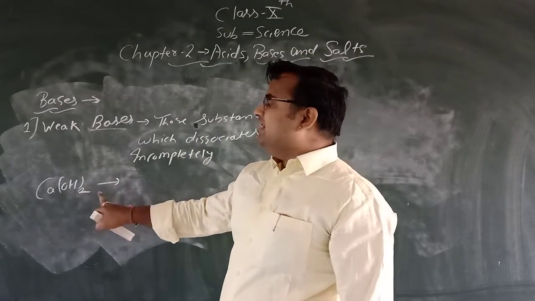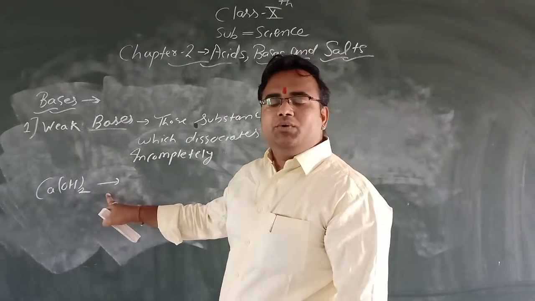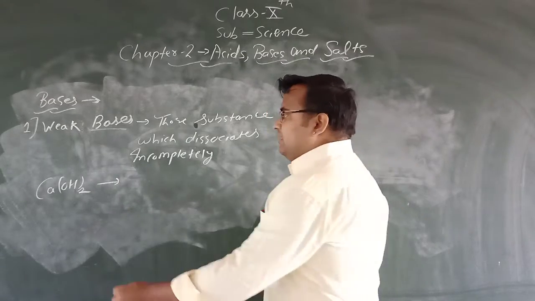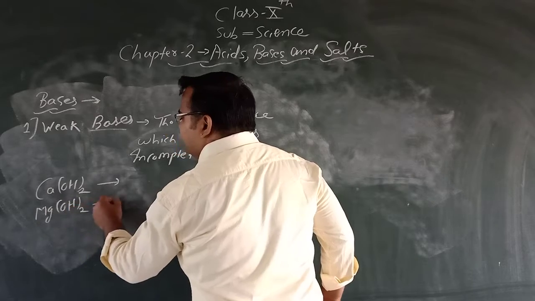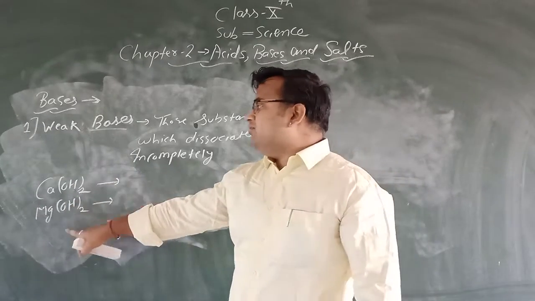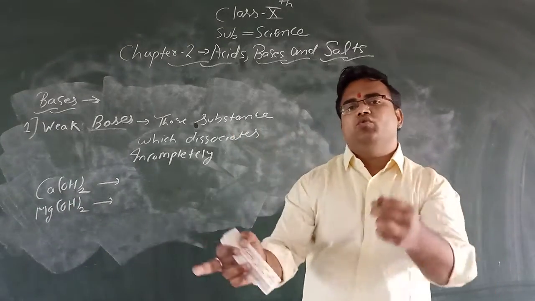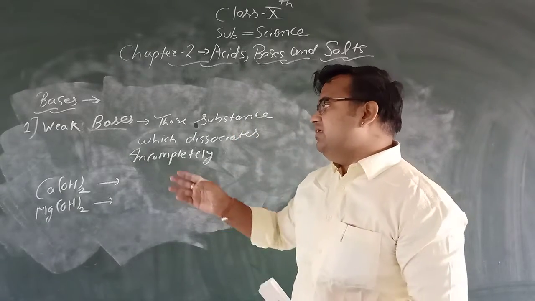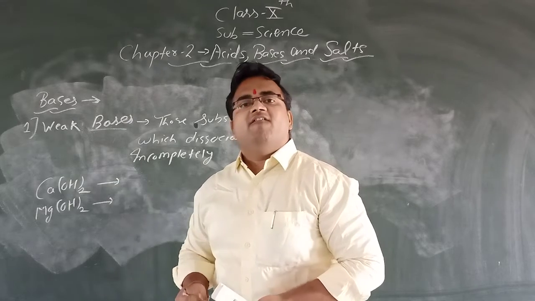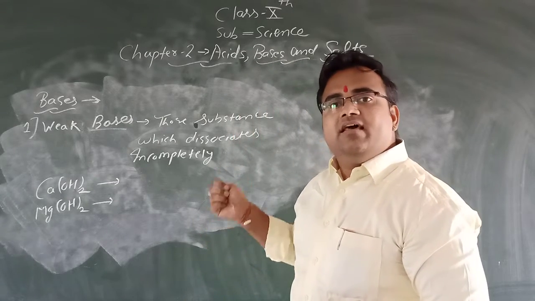Calcium hydroxide cannot dissociate completely into its aqueous solution. Second, magnesium hydroxide. Calcium hydroxide and magnesium hydroxide are substances which cannot dissociate completely in aqueous solution. Therefore, they are categorized as weak bases.